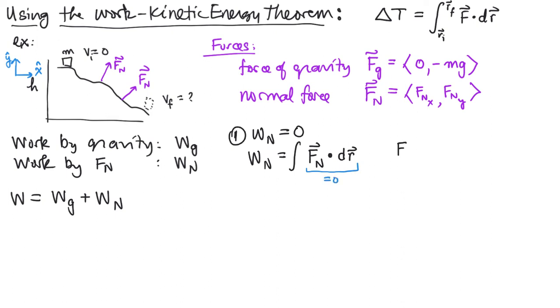How do we know the dot product is going to be 0? Well, if we notice that the normal force is always perpendicular to the track, but the displacement vector dr at any given instant is going to be tangent to the track.